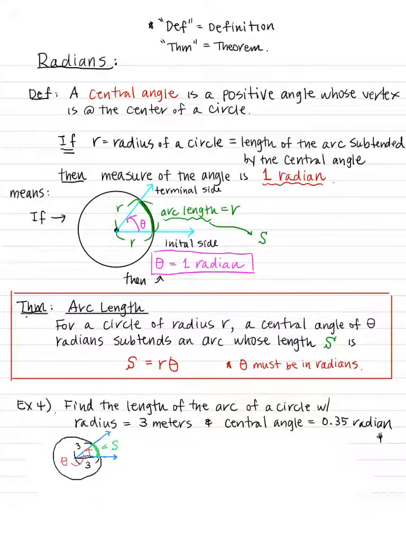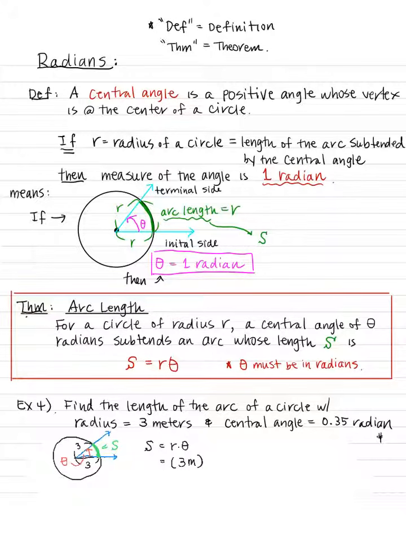All right, so let's put it together. So what do we got? We know that arc length is radius times theta in radians. So the radius is 3 meters, denoted by 3m. And luckily we're given the central angle to be 0.35 radian measure.